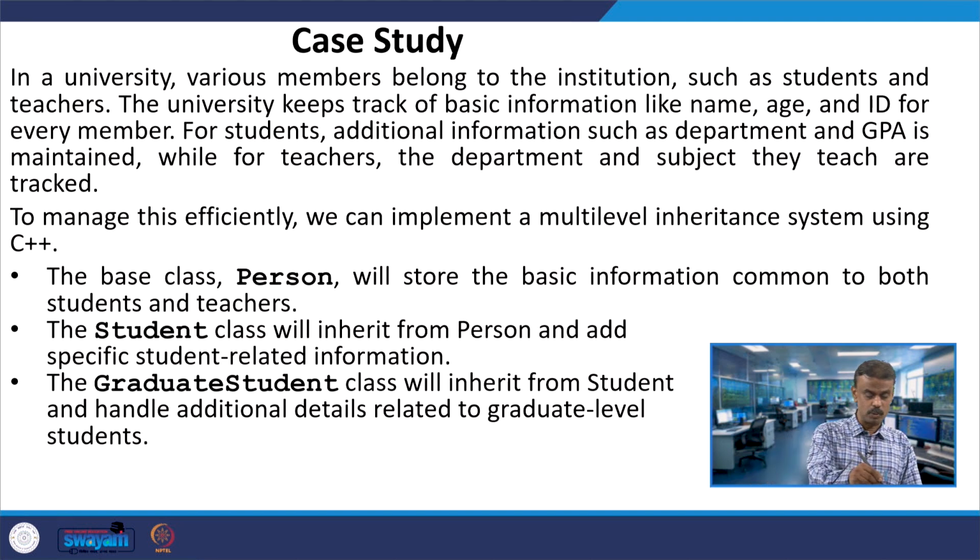So we consider class University, and under class University we have students and teachers. Let us consider that the university keeps track of basic information like the name, age, and ID for every member.